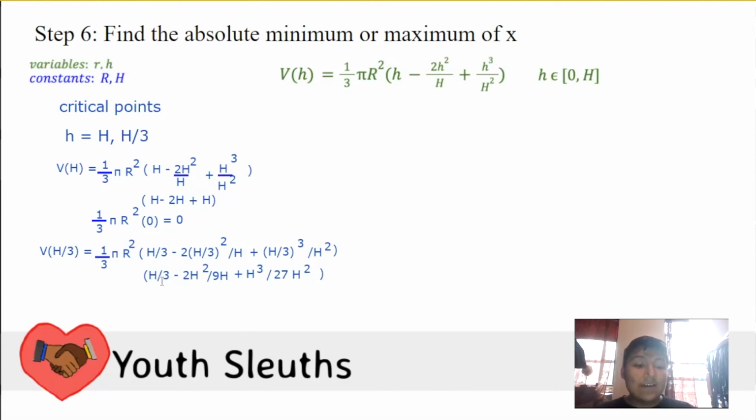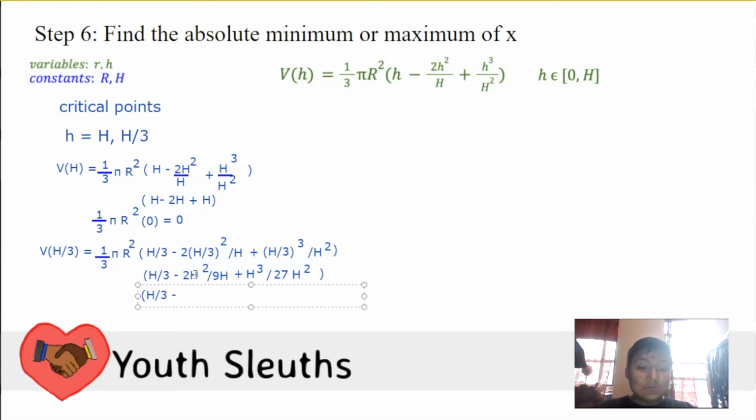So now that we have that, what we do next is that we put them as similar denominators so that we can simplify inside. So we set all of them equal to the denominator being 27, and we simplify the h's. For the first one, it only has one h, so that one's fine.